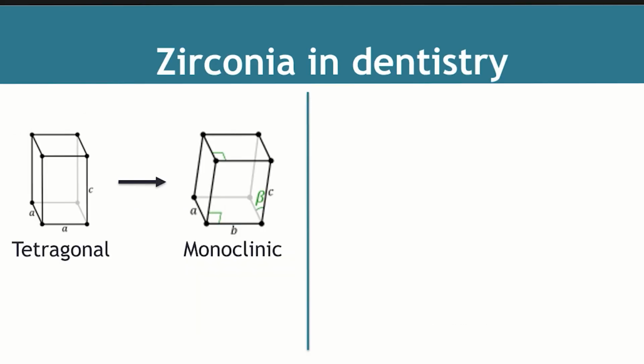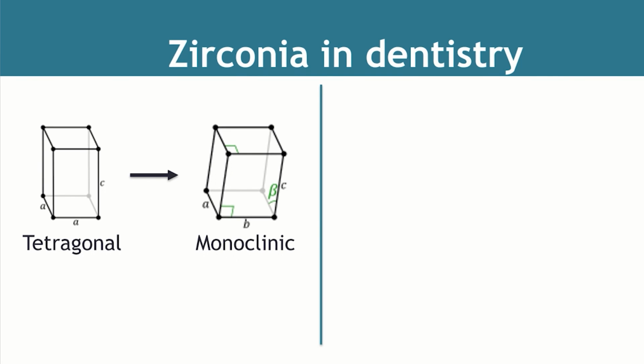Perhaps the biggest reason for the high strength of zirconia is the tetragonal to monoclinic phase transition. Starting with the tetragonal phase, this is what we achieve when we use some yttria as a dopant within zirconia, stabilizing this phase. The tetragonal structure is recognized due to its 90 degree angles between all phases.